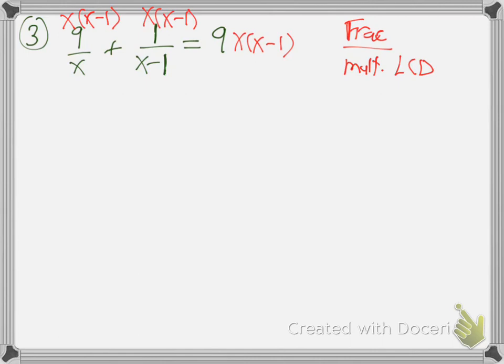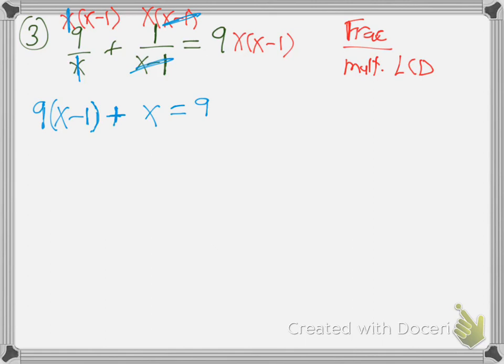Okay. So what happens? The x's here cancel. So we're left with 9 times x minus 1, plus, and then here the x minus 1's cancel. 1 times x is x.